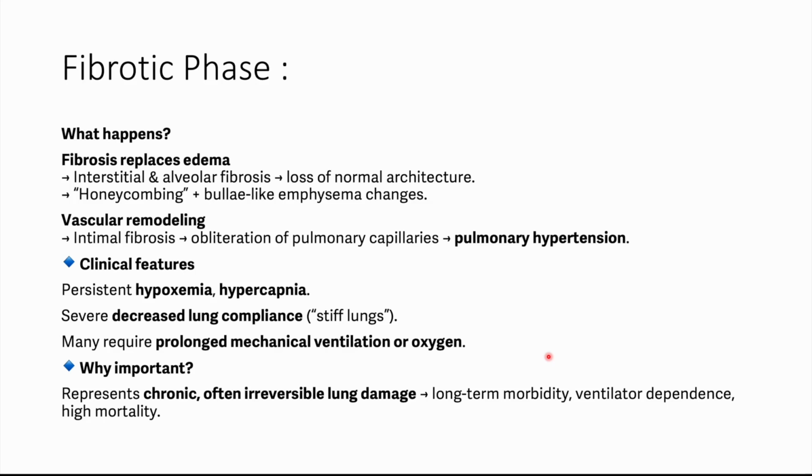We can see honeycombing and bulla-like changes in the lung. Then pulmonary vessels also get obliterated, leading to pulmonary hypertension. Clinically, the patients remain severely hypoxemic, often requiring long-term ventilation or oxygenation. This represents chronic, often irreversible lung damage.